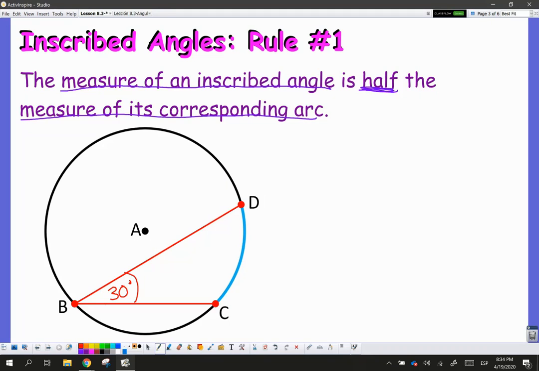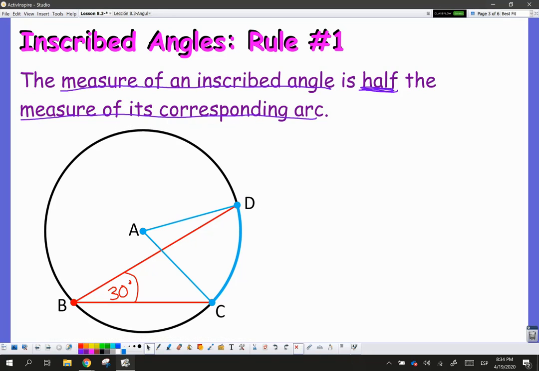Remember that there's no easy way to measure an arc itself, but we know that the central angle that corresponds to that arc has the same measure as the arc. So if I create a central angle like this one, angle DAC, I can measure that angle and it'll give me the measure of the arc.